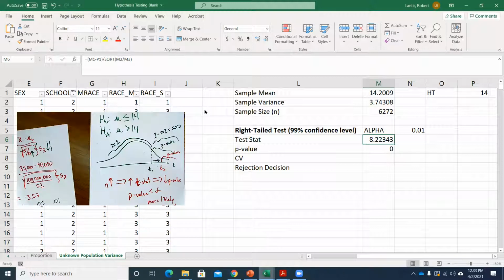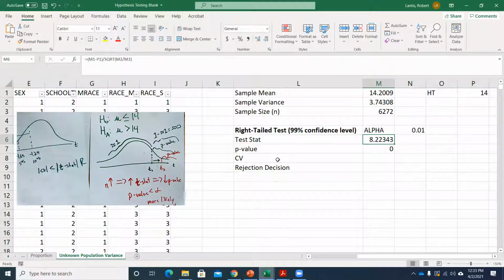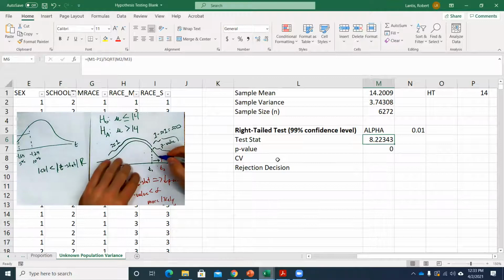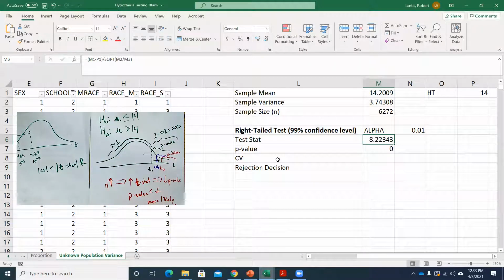Well, what if I want to find critical values? If I'm thinking about a critical value, it's going to be the cutoff value that gives me alpha in the tail. Like, what critical value gives me alpha to the right side here? Well, this is where, similar to the proportion example, we use the inverse function.